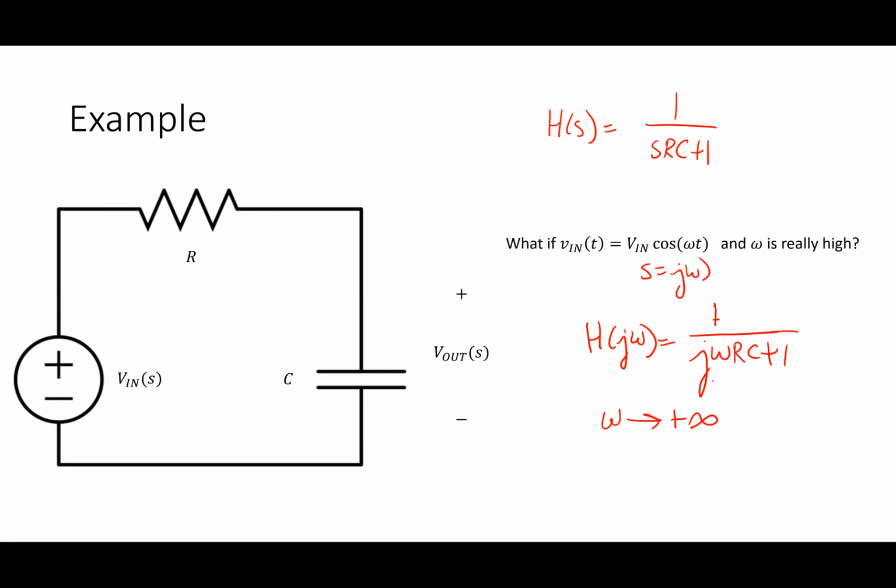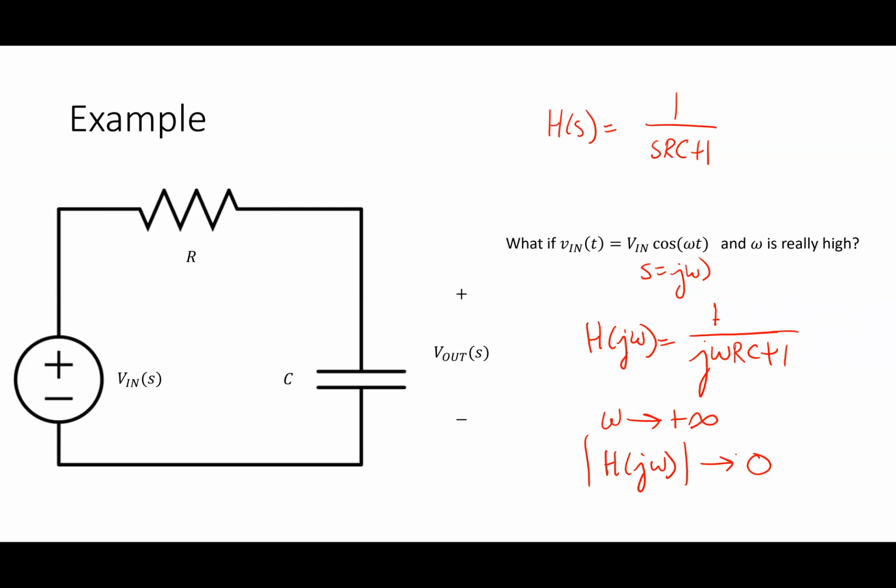The magnitude would be 1 over the magnitude of the bottom, but I don't want to do that. I just want to cheat and look at this and ask what's going to happen to H of J omega if omega goes to infinity? It's going to tend towards 0, right? So as omega goes to infinity, the magnitude of H of J omega tends towards 0.